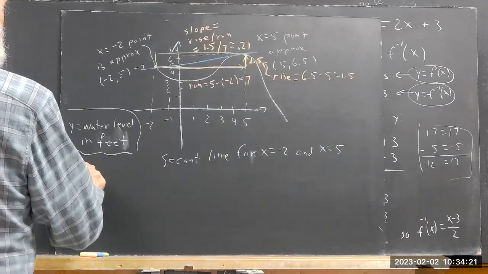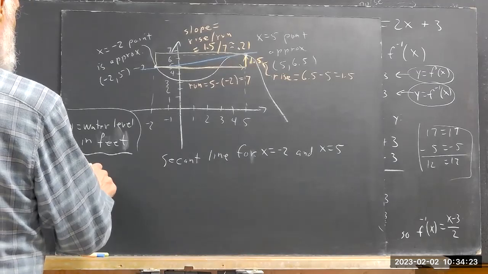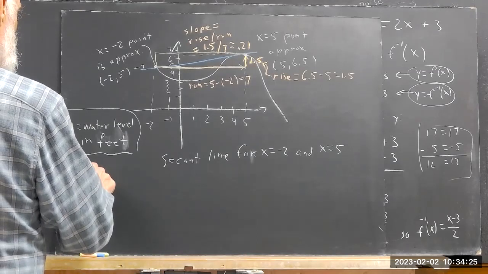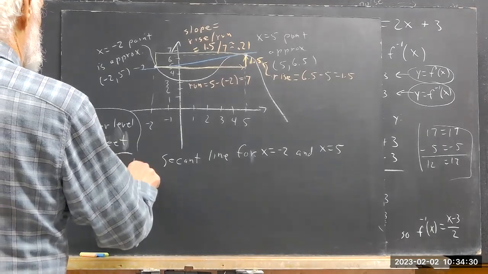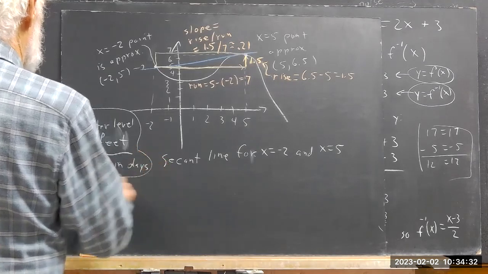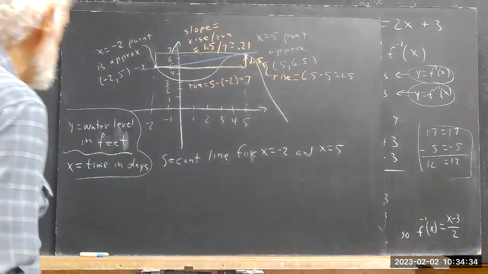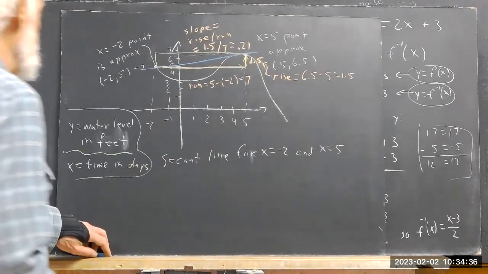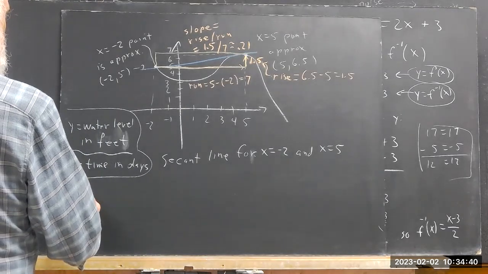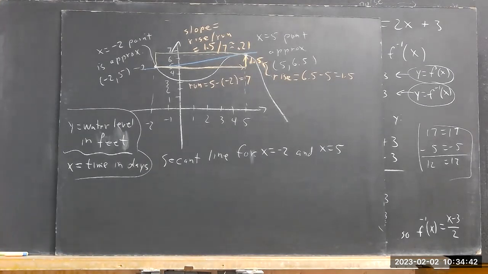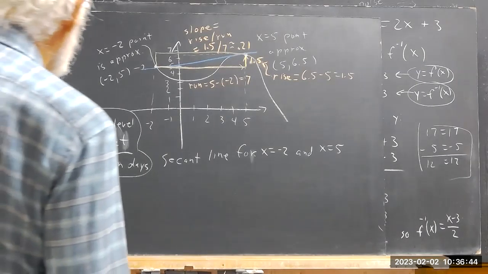X is time in days. Okay, in this case, what's the rise represent? What's the rise tell you between these two points?